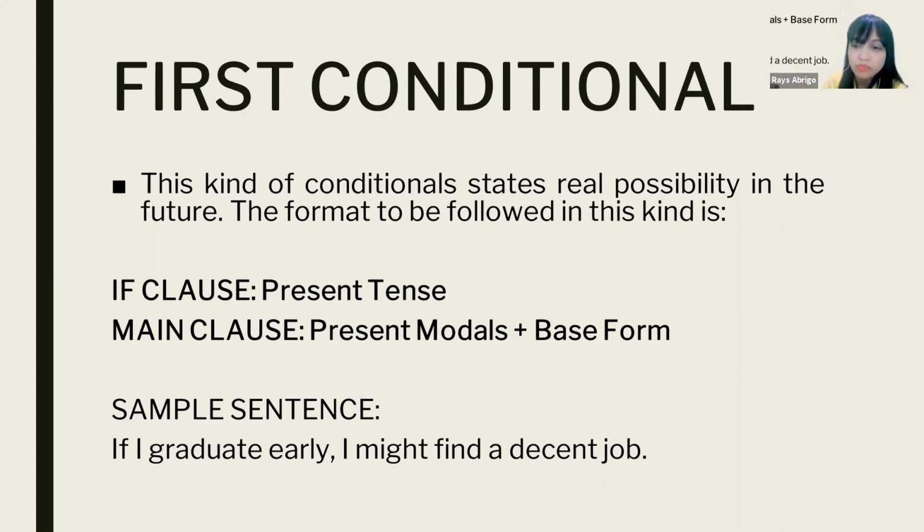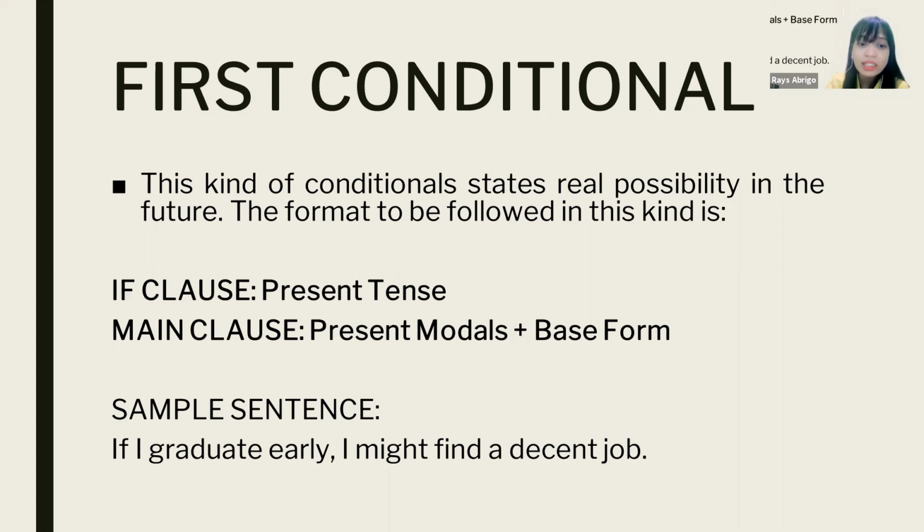Also, again, I want you to remember, as written on your LP, that our clauses may change in position. There are times that the main clause comes first before the conditional clause or the subordinate clause, and in that case, you don't have to use a comma. So you could also write the example: I will buy this car for you if I have money.